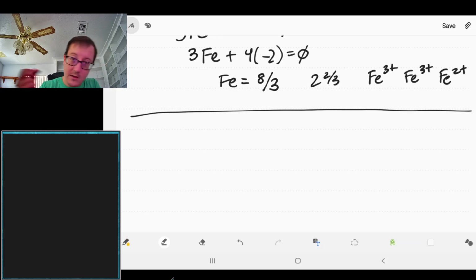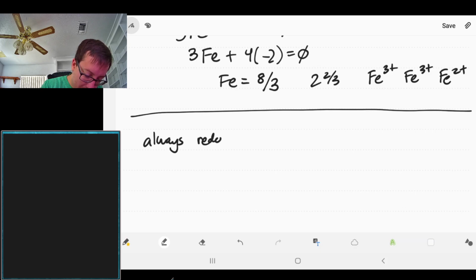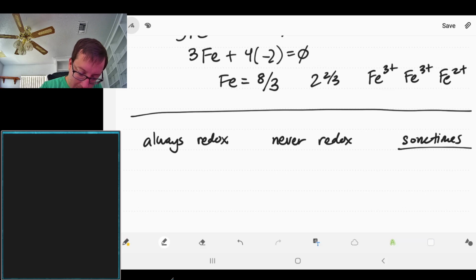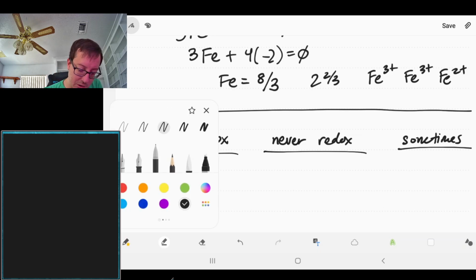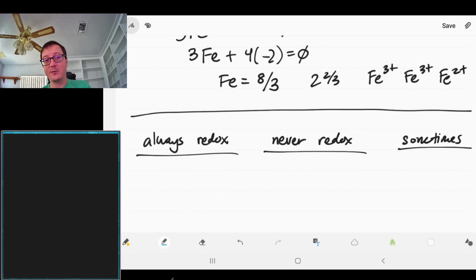I'm going to just put a couple of things out. We're going to see that sometimes we can use our knowledge to determine if something is redox or not without even doing oxidation numbers.